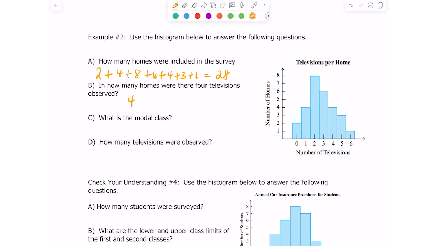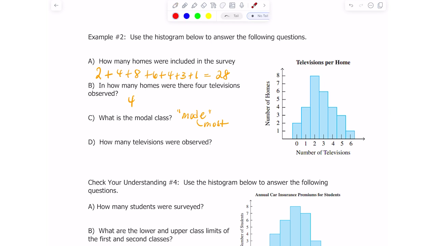When we're asked to find the modal class, right? I don't know if you've ever had statistics before, but we have the word mode. And the mode is the number that occurs the most, okay? So think of mode, most. You can have more than one mode. You could have no modes.